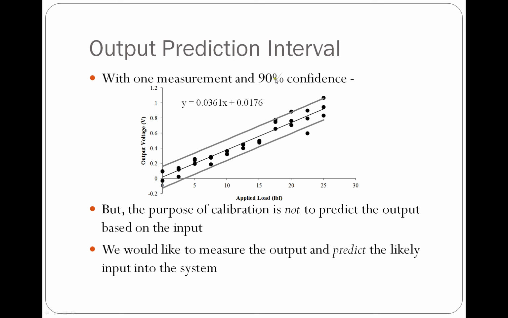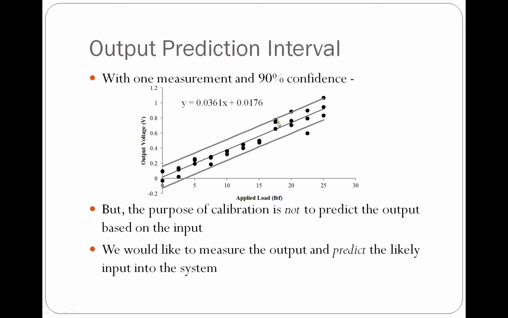Well, with one measurement and 90% confidence, basically what we can do is take all of those values that we had before and our best fit line, and then append on either side of that these gray lines that represent the 90% confidence interval.